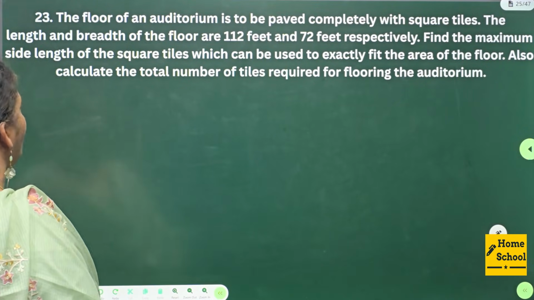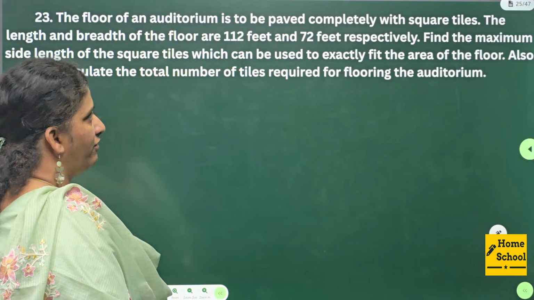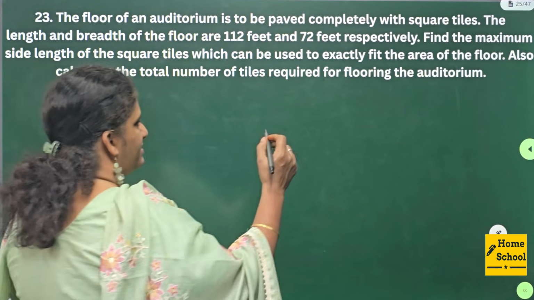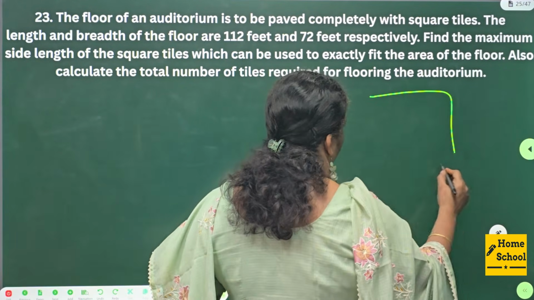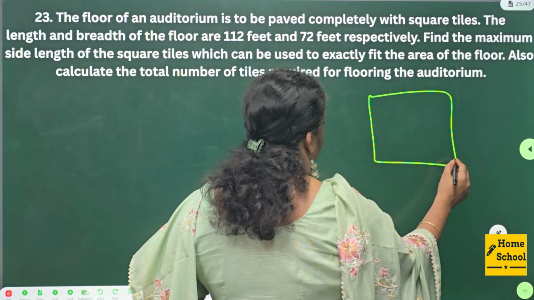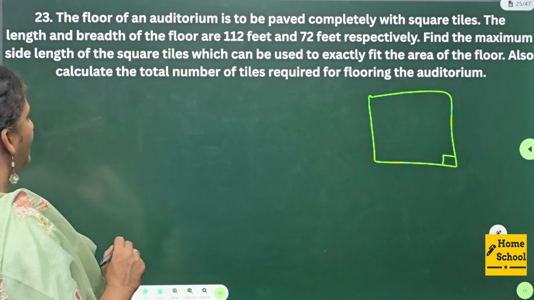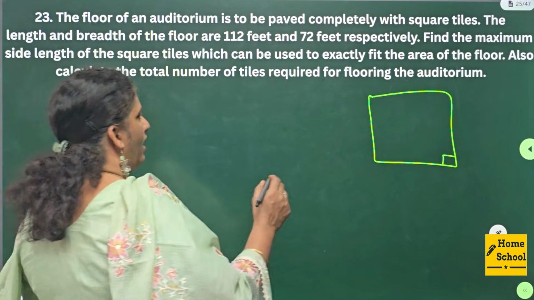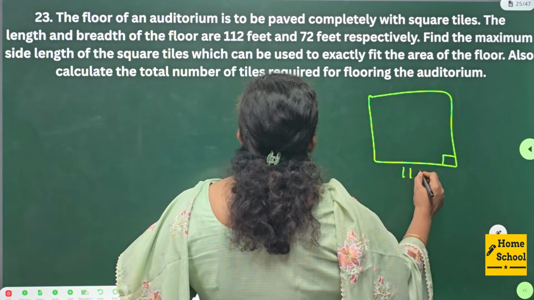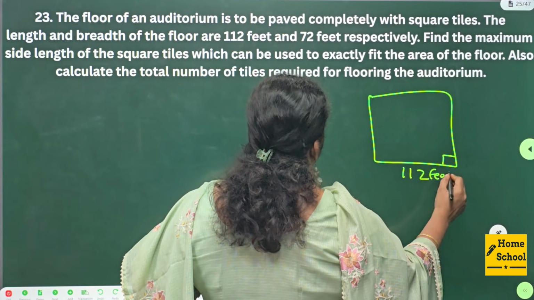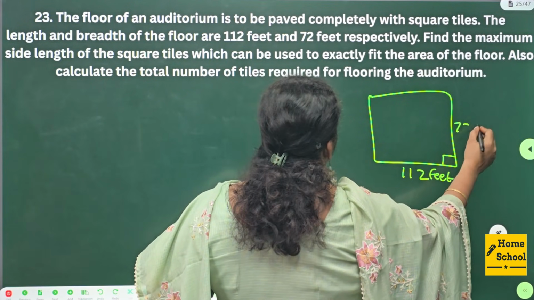23rd. The floor of an auditorium is to be paved completely with square tiles. Imagine this is an auditorium, should be paved with square tiles. The length and breadth of the floor are 112 feet and 72 feet.